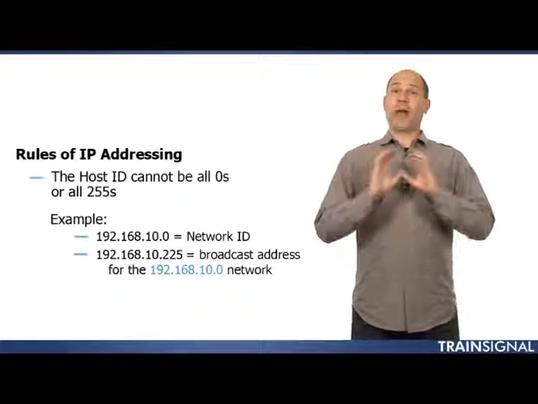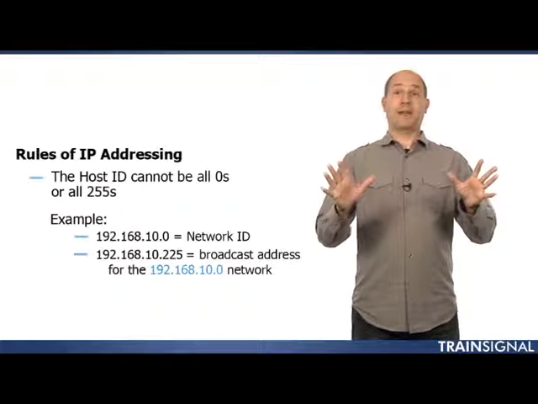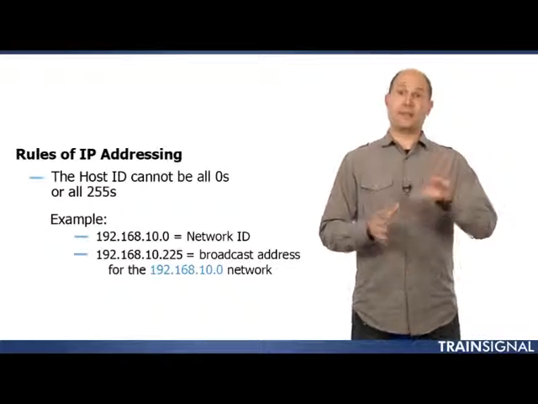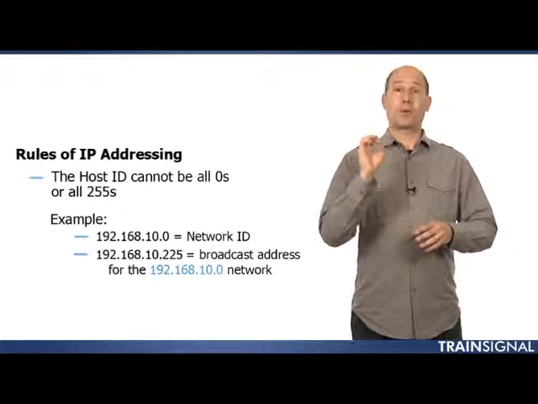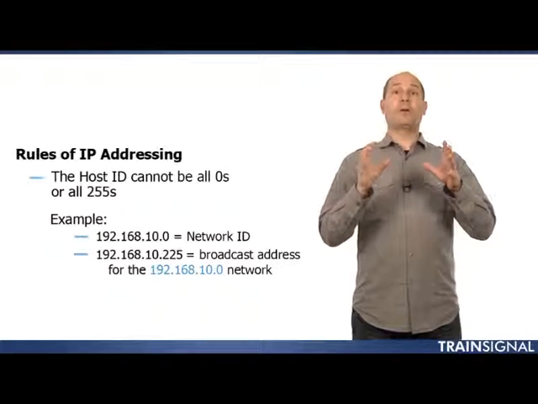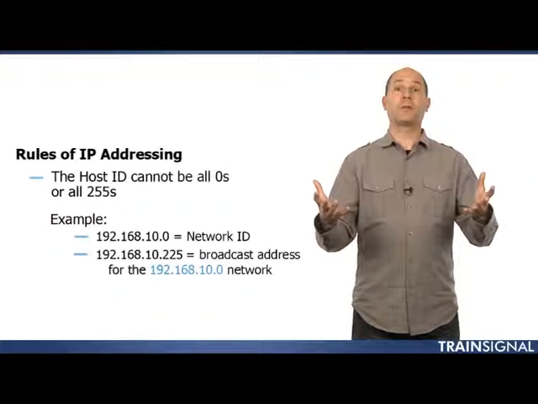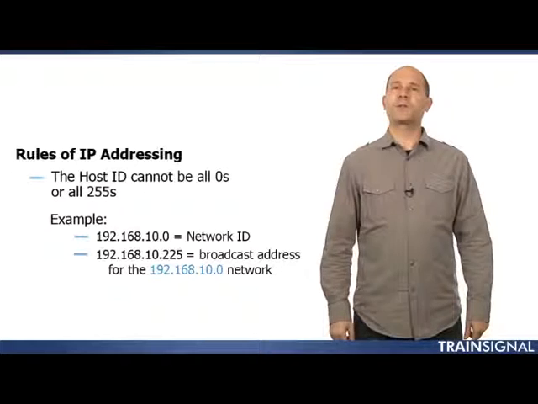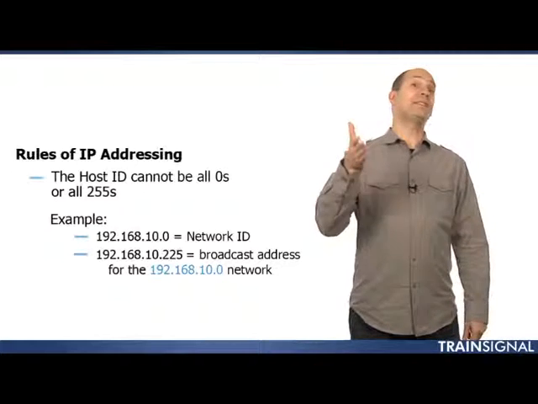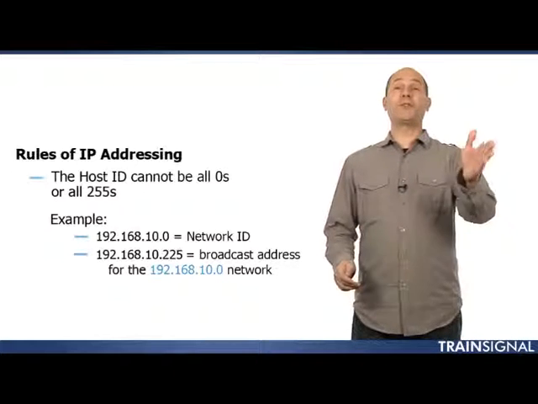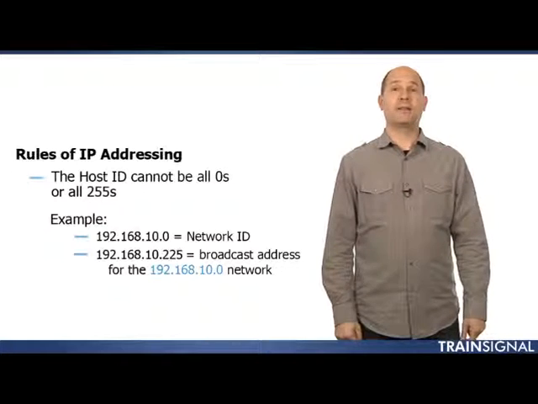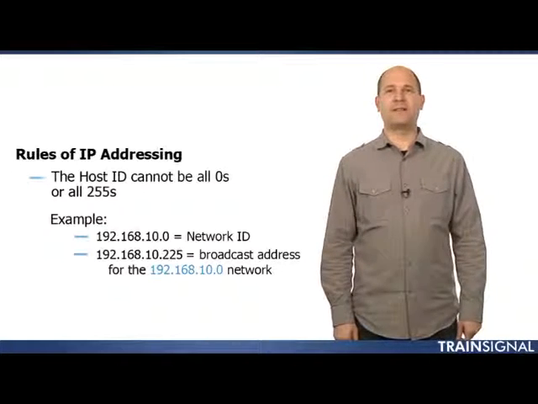Okay, so a broadcast, which we talked about in another lesson, is where one computer sends something out that is to be received by all other computers. The way those computers know that they're all supposed to receive it is because it is sent with the all-255s host ID. That is how that is defined.